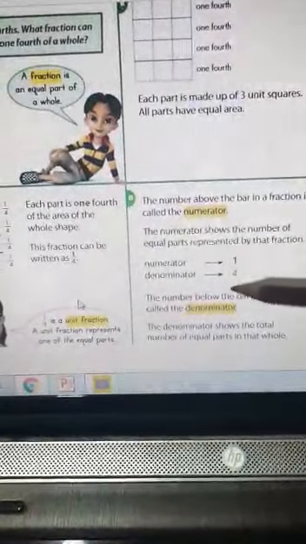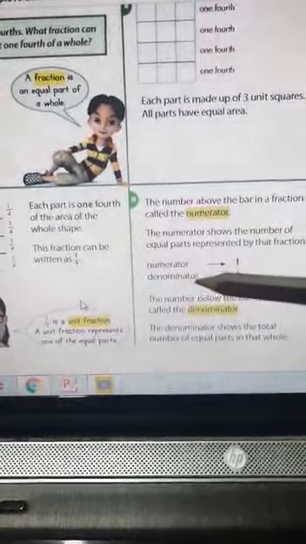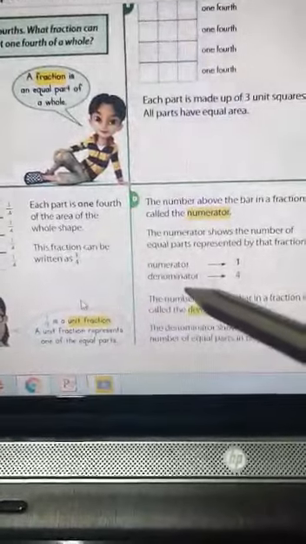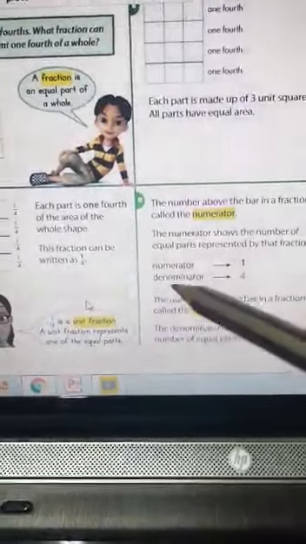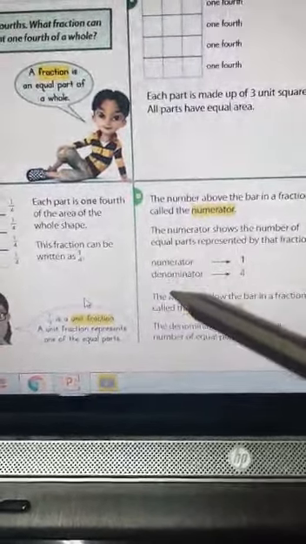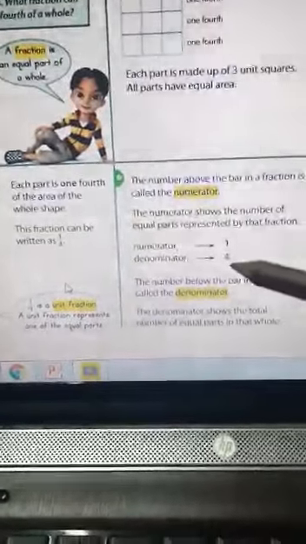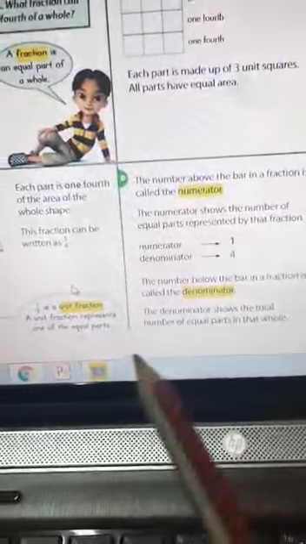So what do we call this 4 down? The denominator. Try to divide it. If it's a long word, as I taught you before in English, if you have any long word, divide it into 3 or 4 equal parts, like denominator. So the denominator should be where? Down. So what did they say?